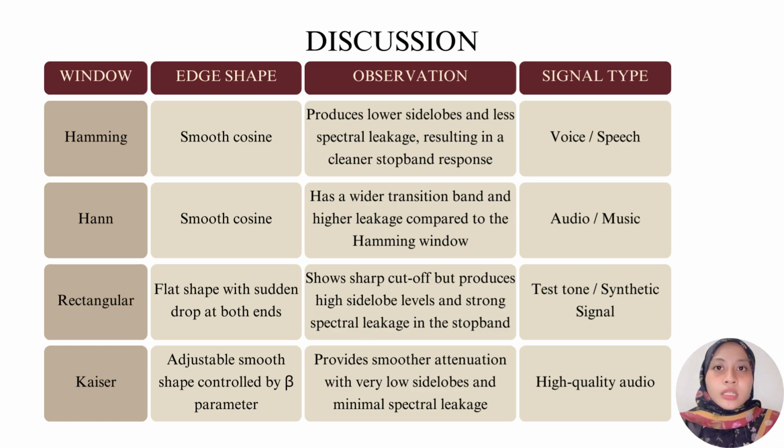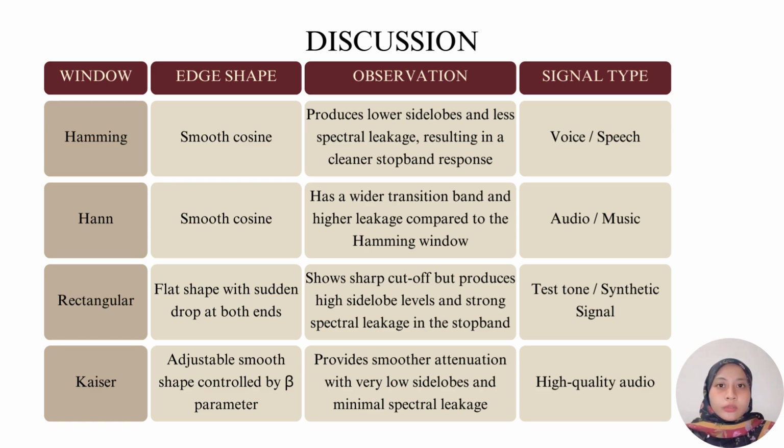In this section, we discuss how different window functions perform by comparing their edge shapes, spectral leakage and suitability for different types of signal. Hamming window has a smooth cosine edge shape and produces lower side lobes, resulting in less spectral leakage and a cleaner stop band.